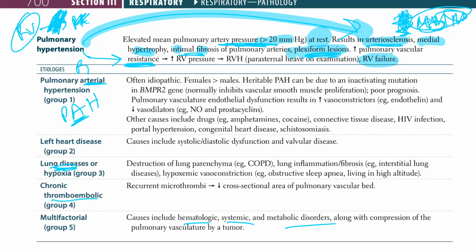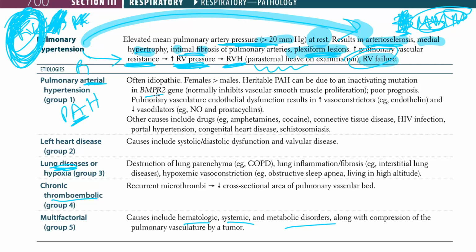So your right ventricular pressure is going to increase. The pressure is going to go back into the right ventricle. When the pressure goes back, it causes hypertrophy of the right ventricle. How do you see that on examination? Parasternal heave. And eventually the heart is going to give up. It's going to say, oh my God, I can't do this anymore, so I'm just giving up. This leads to right ventricular failure.